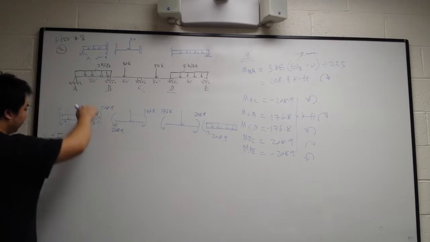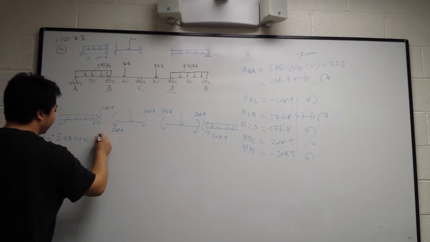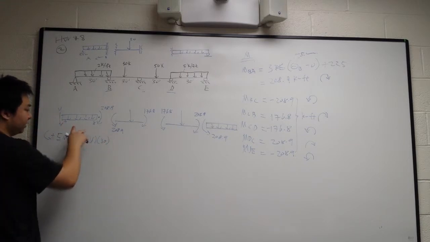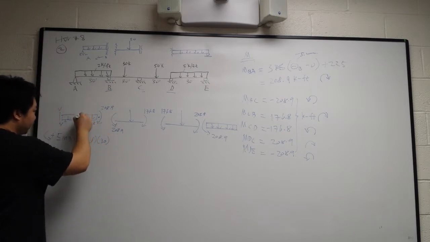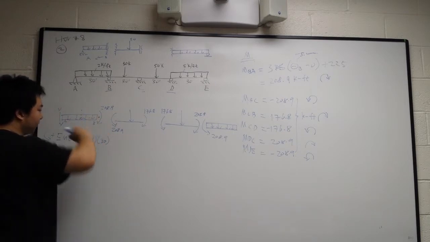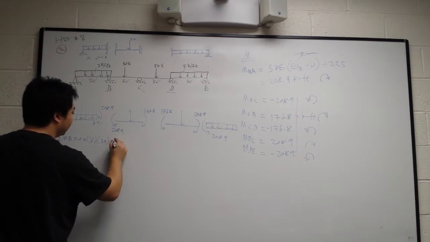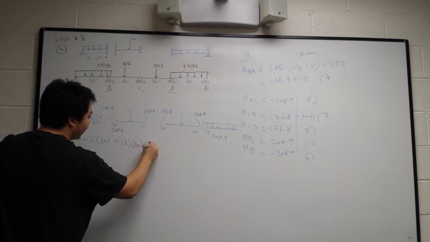You're going to have V turning this way, so V times 30, because the length is 30. And you have a distributed load, which when you convert it into a point load is also turning this way. So you're going to have 2 plus 2 times 30 times 15, half of the distance.